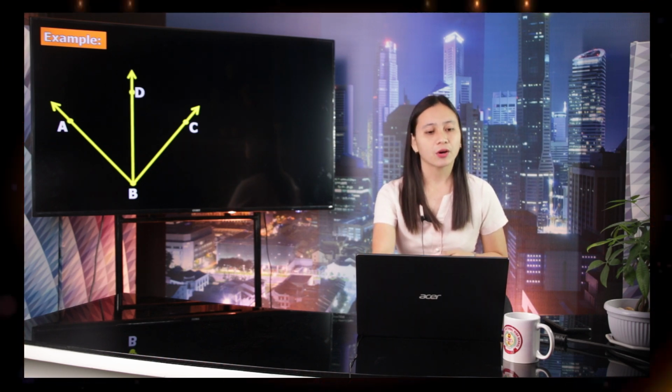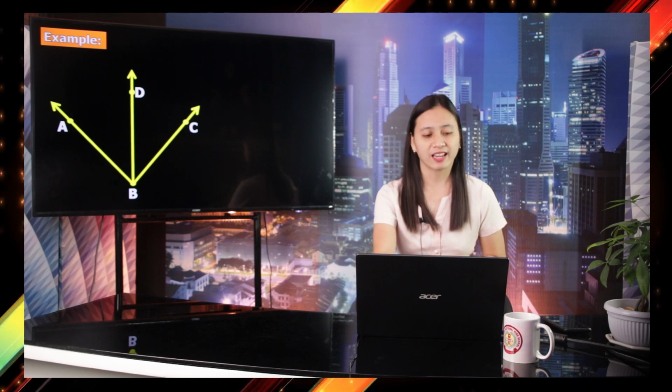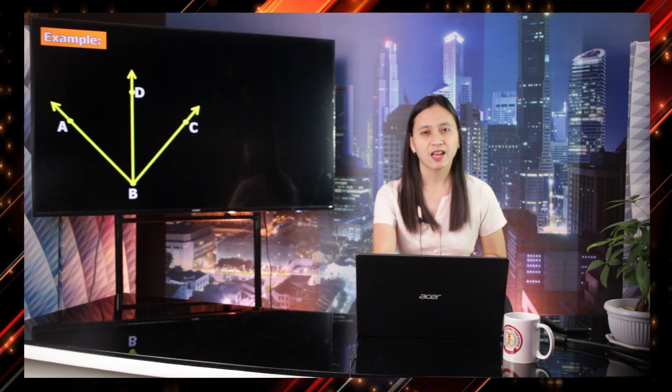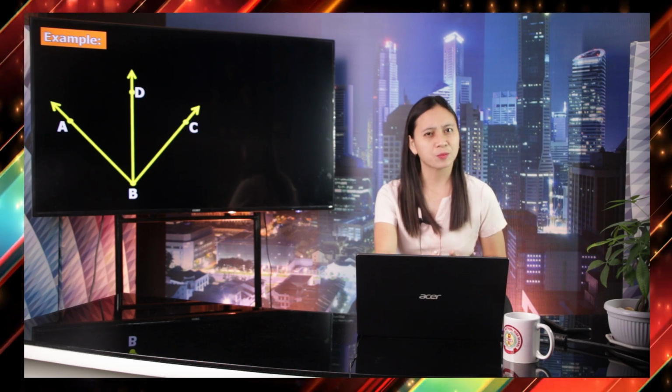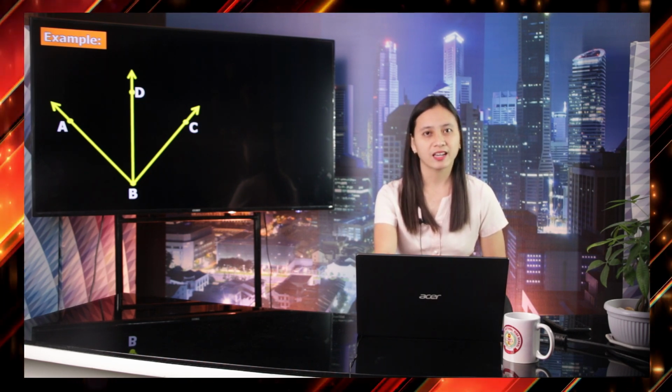Now, for example, we have angle ABC. We let ray BD bisect our given angle ABC. What does bisect mean? It means divide.